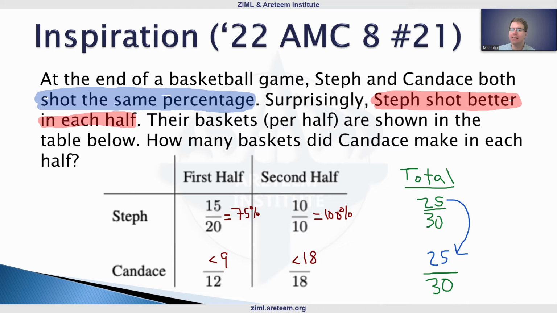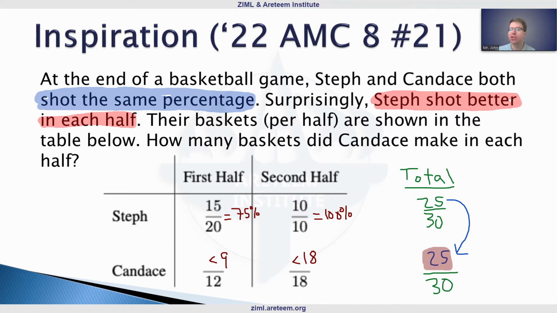Now, we need to get up to 25 in total. Remember that we still have Candace needing to make 25 in total in this scenario. So the two numbers have to add up to 25, and they need to be less than 9 and less than 18.